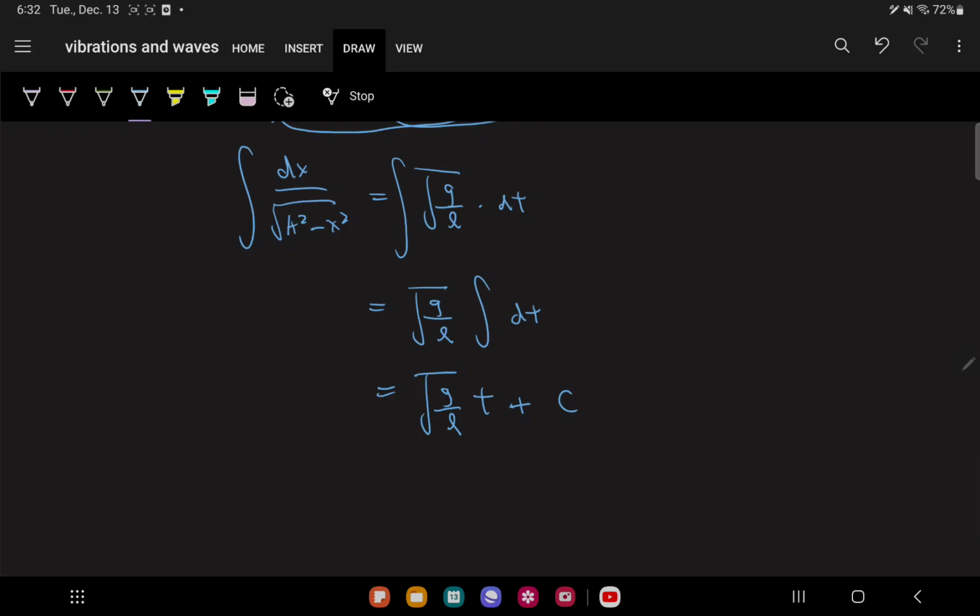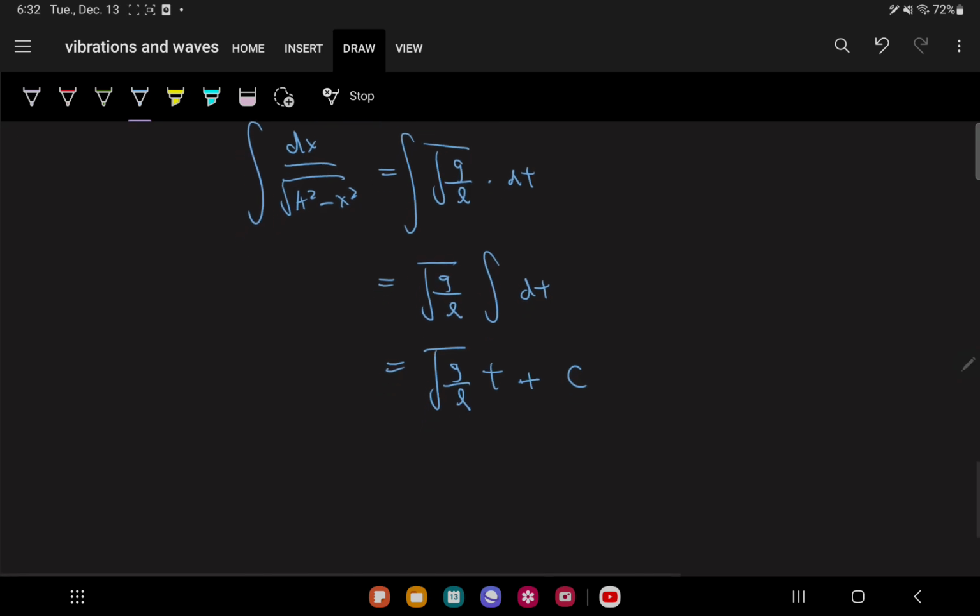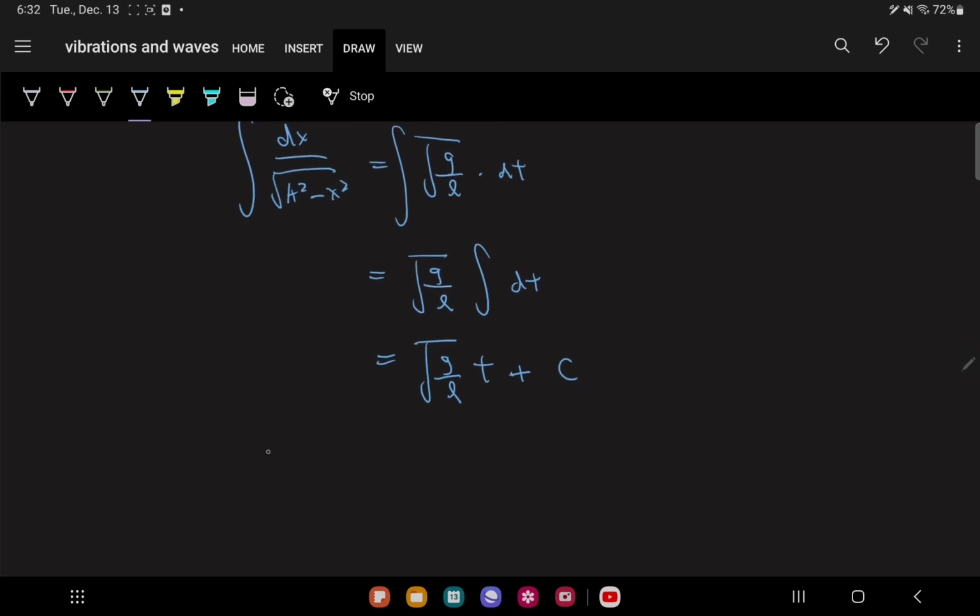And then the left hand side is kind of complicated, but I already did the integration by using a substitution. You can define x as a sine of theta. By doing that, you're going to obtain sine inverse of x over a is equal to this thing.